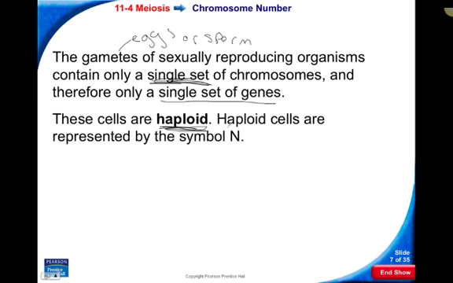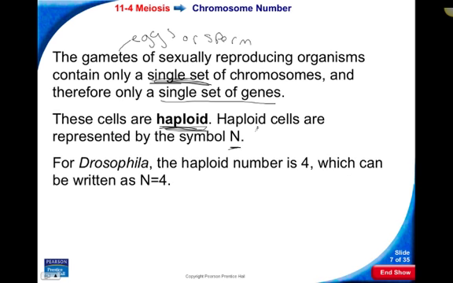This is represented by a single n. For Drosophila, the haploid number is 4, which can be written as n equals 4. For humans, n would be, what do you think? If our diploid cells have 46, our haploid cells would be n equals 23. Awesome.